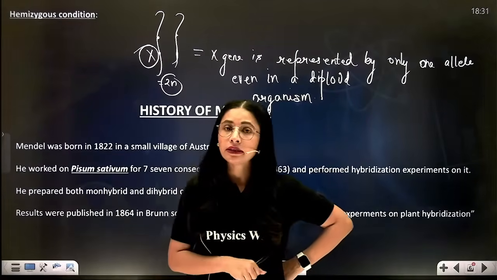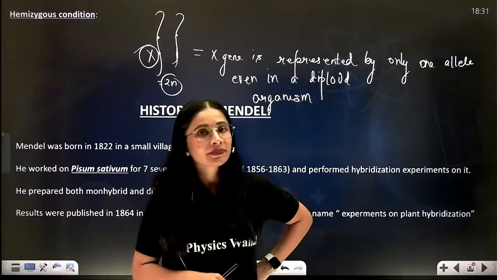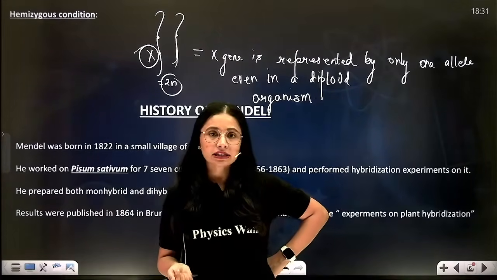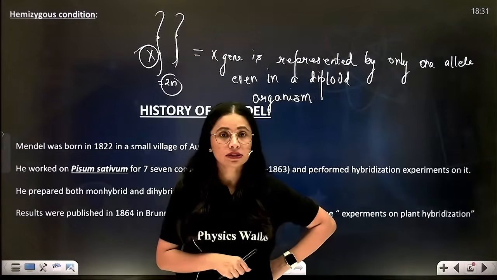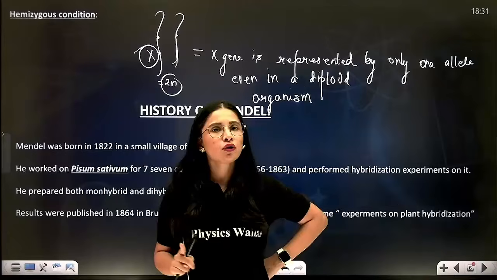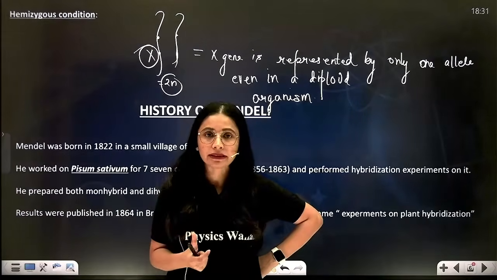He was born in the year 1822 in a small village of Austria. He actually started the experiment left by two scientists, Knight and Gauss. These two people were also trying to do some hybridization experiment on plants.